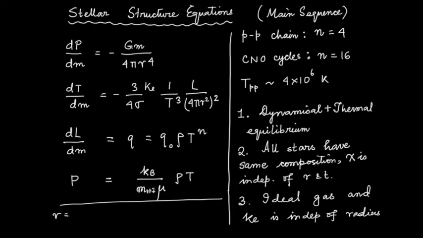Now, what are the variables we have? We have R, and everything is a function of M, which is my parameter.